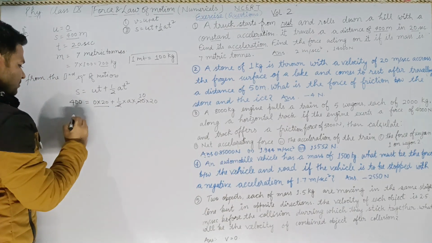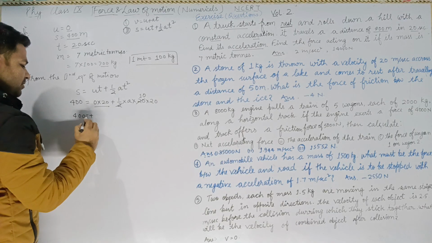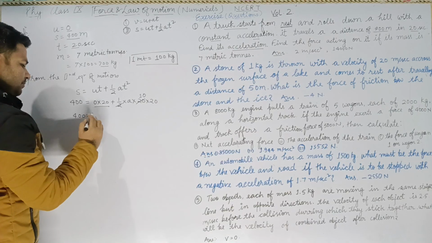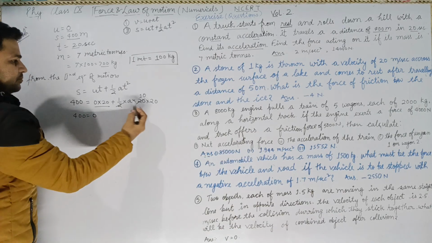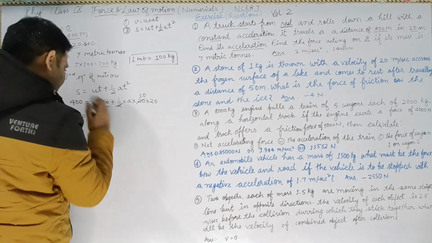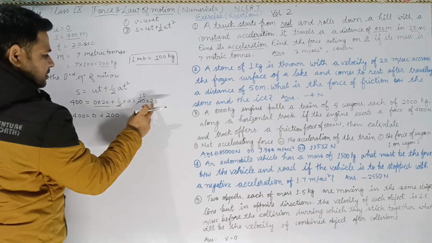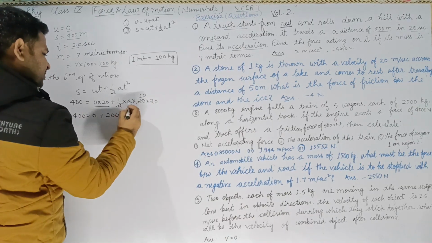It will be 0. 400 plus 0 equal to 200 a.